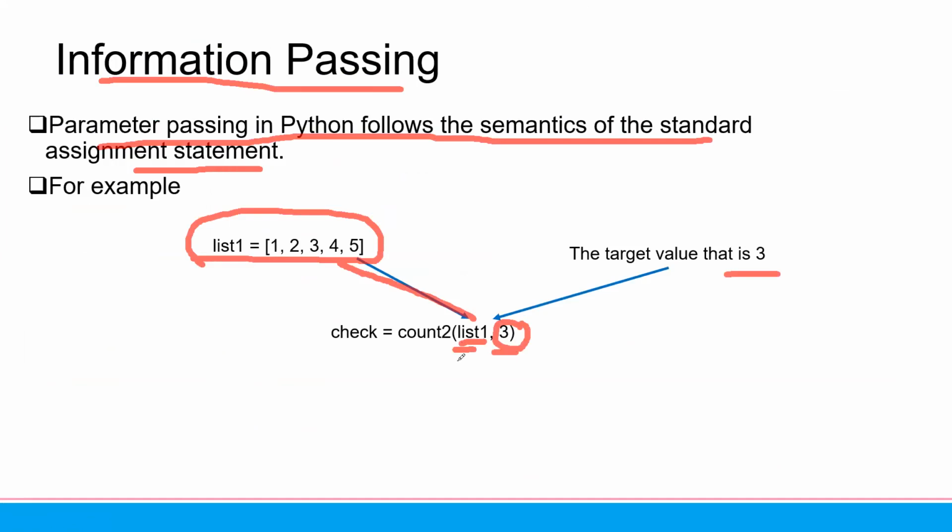I think if you learn Java, you need to define its parameter with its own type. If you specify this one as integer, then you need to type this one as integer. If you want to specify this one as float, then you need to define this one as float. If you want to define this as string, you need to define this one as string. But in Python, you do not need to define the variable types.